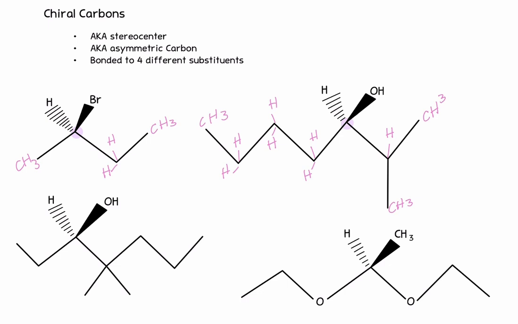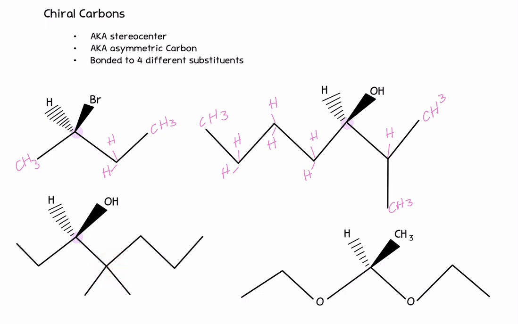Over here, our third molecule, we have our dash and our wedge. There's one different group, two, three, four. So because of that, we have our chiral carbon. How about over here? I'm looking at four bonds. This might be a chiral center.